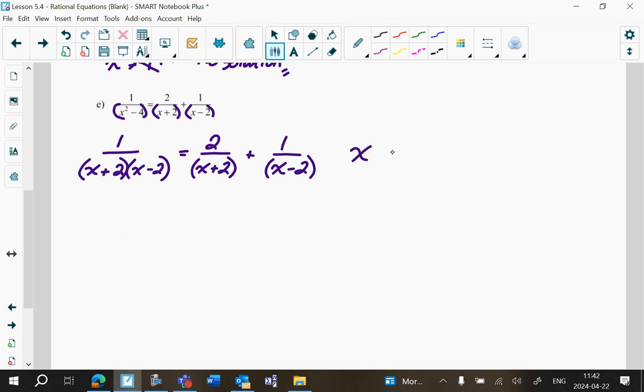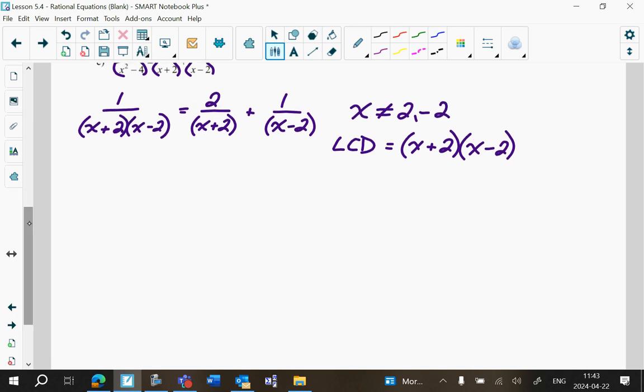2 and negative 2. What is the LCD? You don't have to write the LCD all the time. I just write it. Yeah, I need an x plus 2 in it because x plus 2 appears a couple times in the denominators. And I also need an x minus 2 in it. But nothing else appears in the denominator, so that's all I need for the LCD. So this is going to look like a fairly big step because you've got to take the LCD, x plus 2, x minus 2, and multiply by everything.